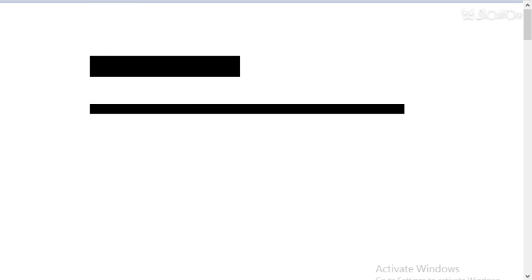This is the first case where the length was L and area is A, and the volume is length into area, L into A. Suppose this cross section area is A, then its volume is length into A. But when we stretch it, its length becomes 2L.